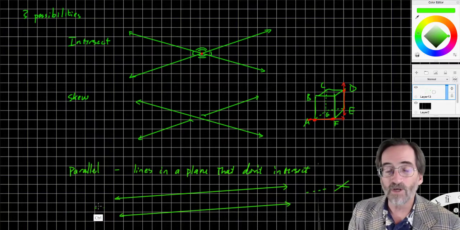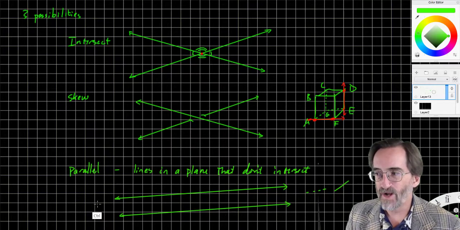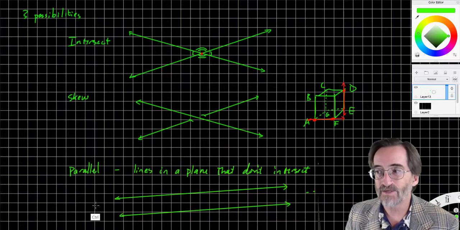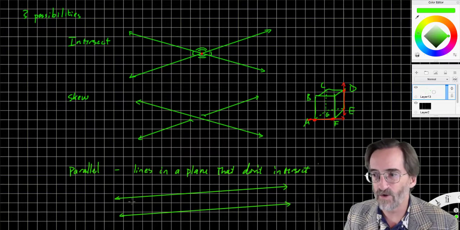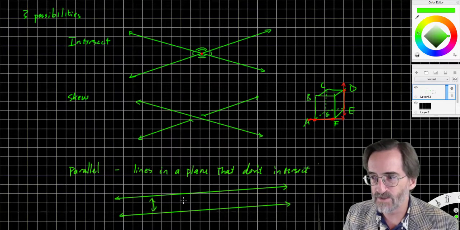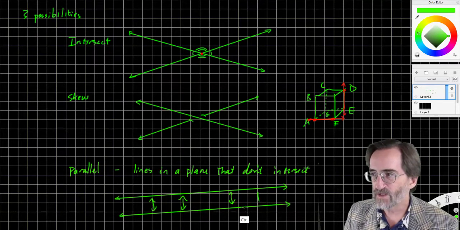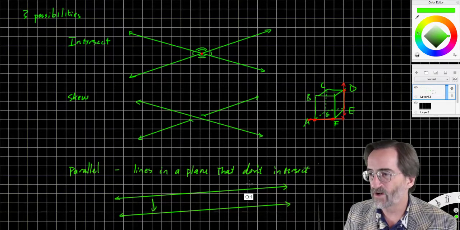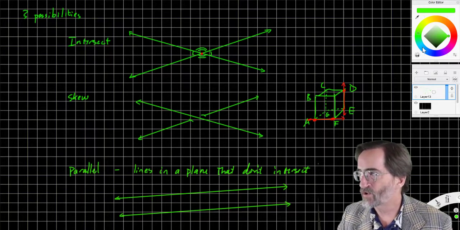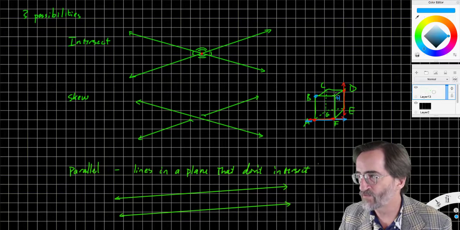The way we intuitively think about it is like railroad tracks. 2 lines that stay the same distance apart no matter where you look at them. They're always the same distance apart. So examples of parallel lines from our wireframe above would be AF and BH. I forgot to label this, BH.